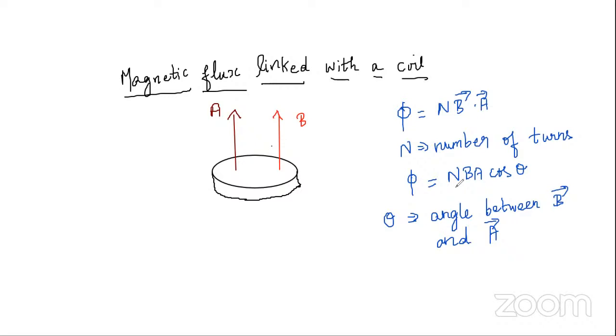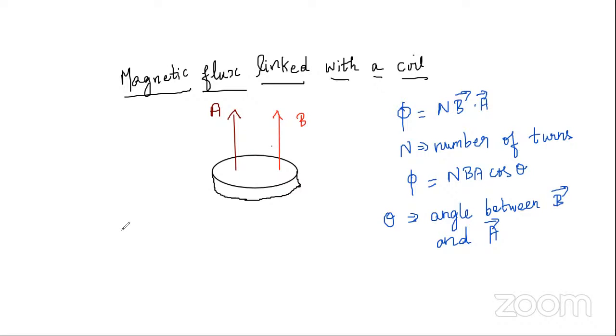So here you can see this is the coil, and the magnetic field is passing perpendicularly. So that means the number of magnetic field lines passing through the coil at this orientation will be maximum, because when the coil is oriented like this, maximum number of field lines can pass through it. So this means the magnetic field is normal to the surface.